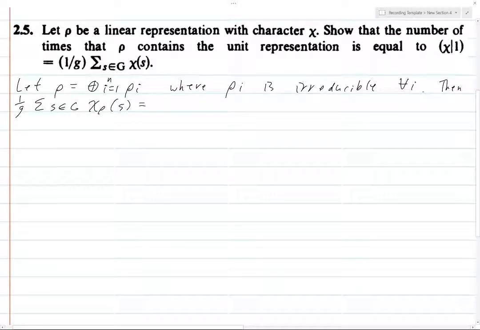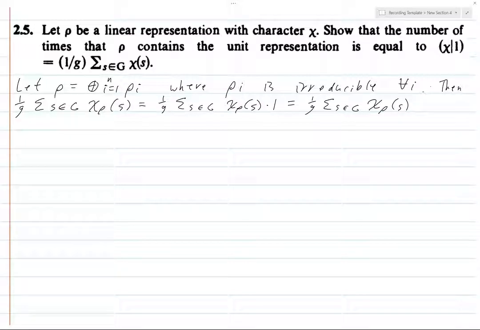I'm including the rho down here because of what we're going to do now, well, not quite yet, but it's coming. Sum over s in G, chi rho of s. Obviously, we can multiply this by 1. However, we know that 1 is the trace of the unit representation.